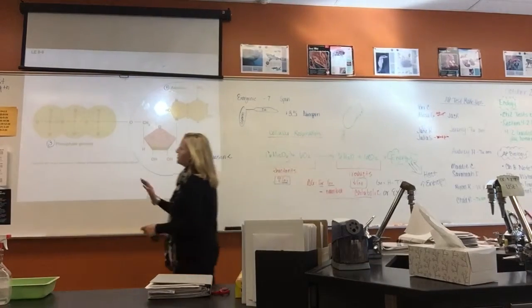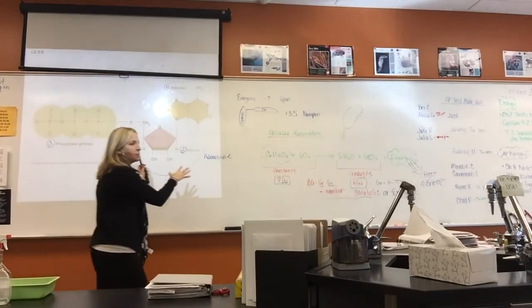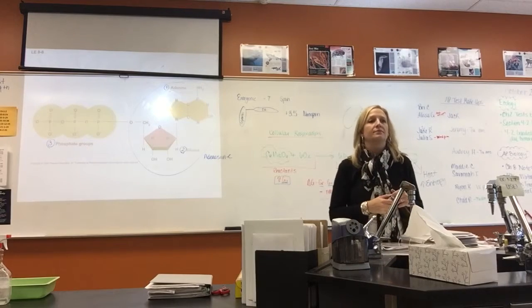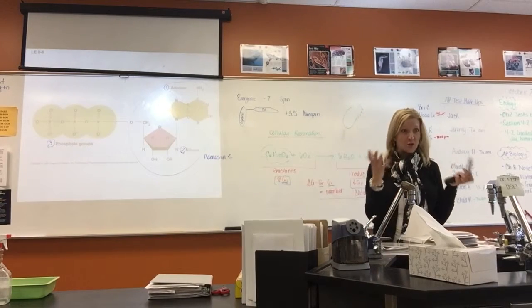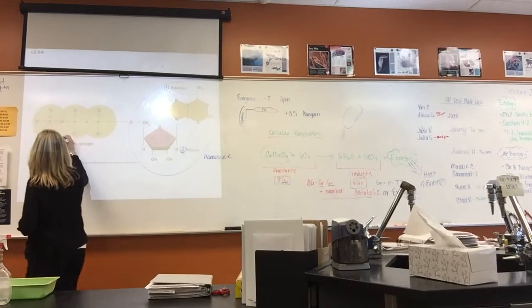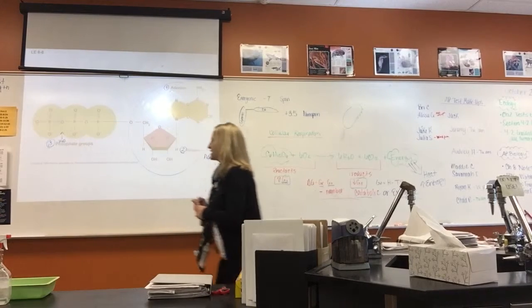So this phosphate group comes off, and that releases energy. And so this reaction, therefore, would be what kind of reaction? Exergonic, because it's going to release energy when we do that. So what's the process by which we do this? We add a water to break the last phosphate off.